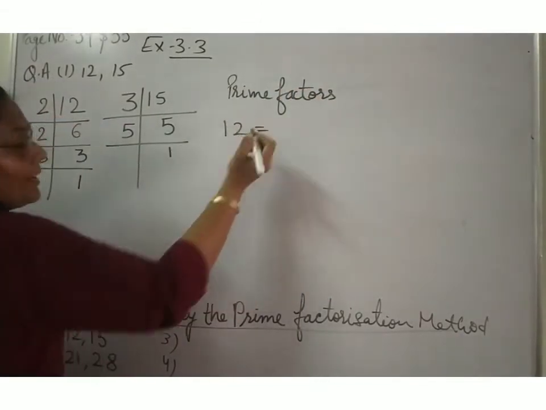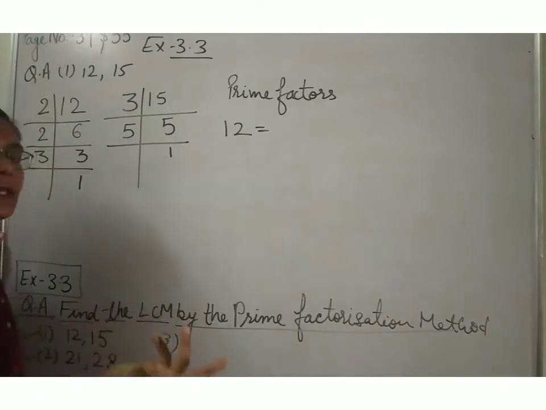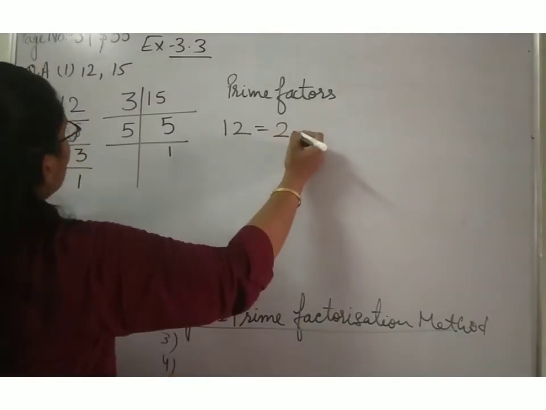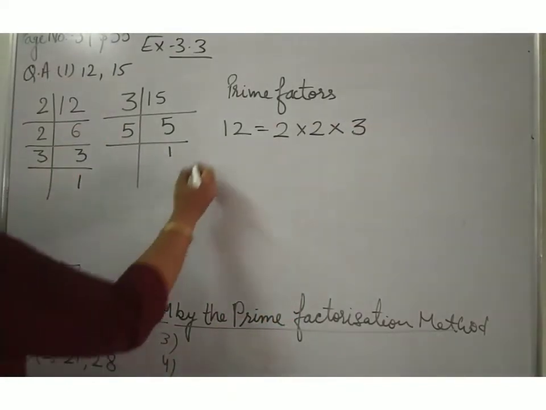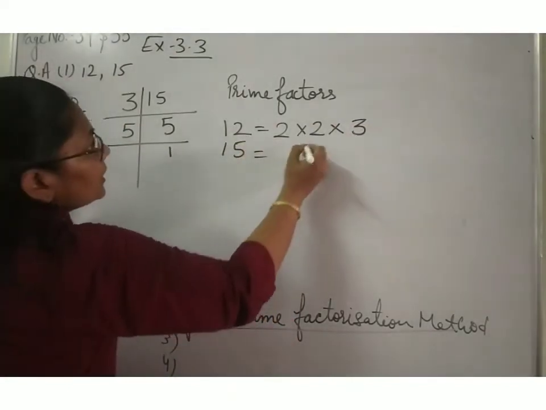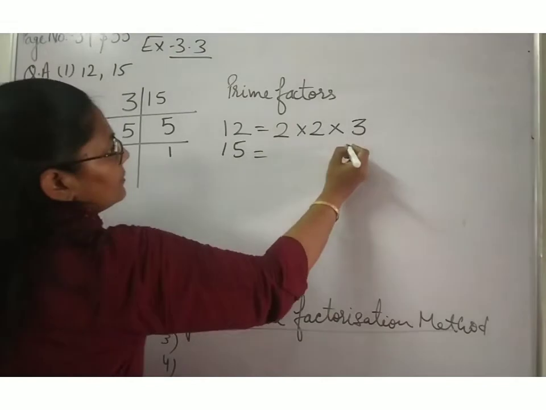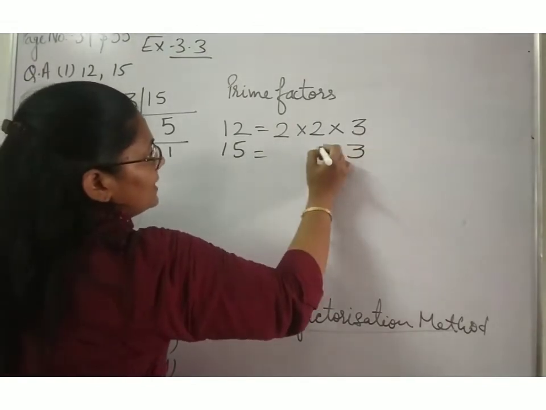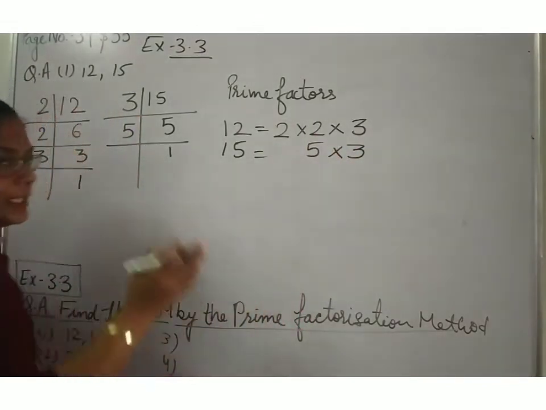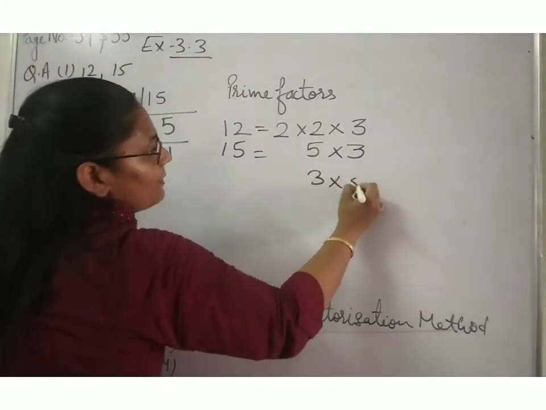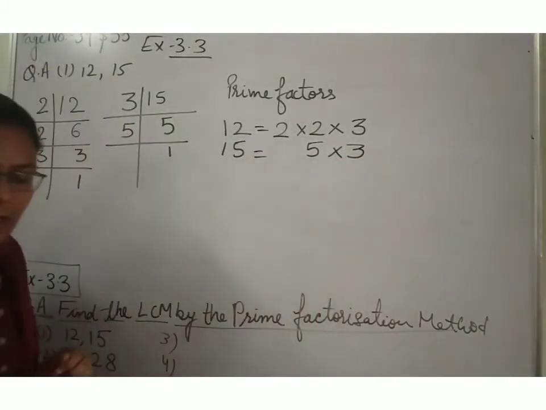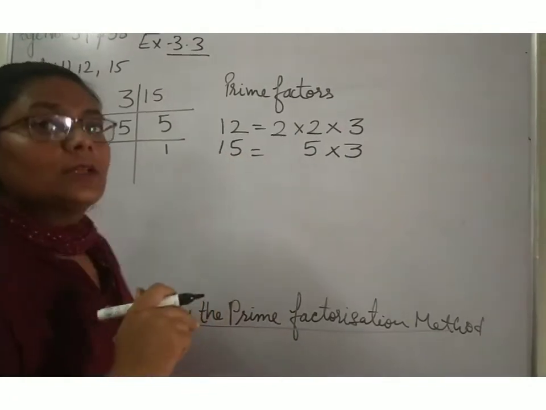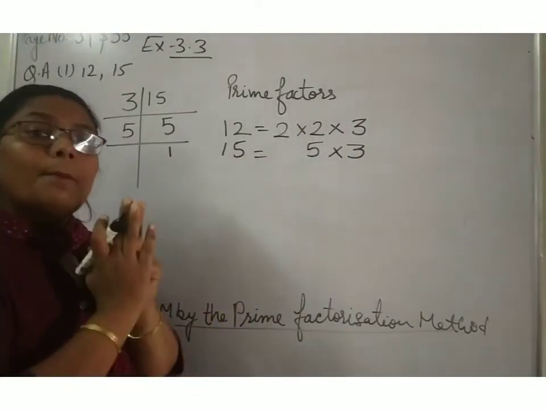The prime factors of 12, or we can say prime multiples, are 2 multiplied by 2 multiplied by 3. And 15 is 3 multiplied by 5. Either I write 3 multiplied by 5 or 5 multiplied by 3, it is the same.